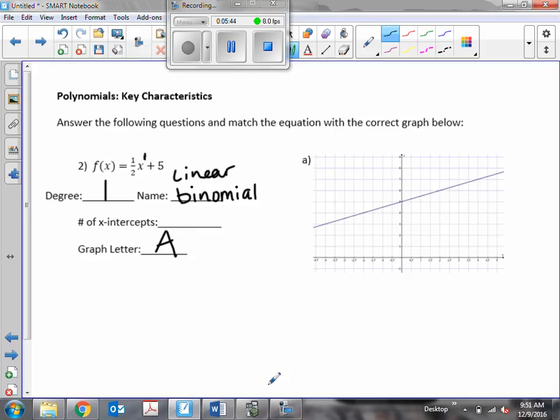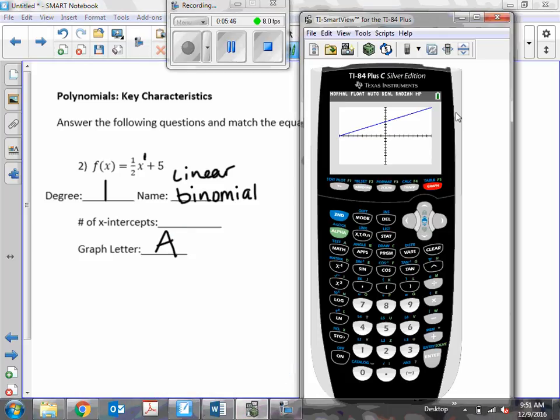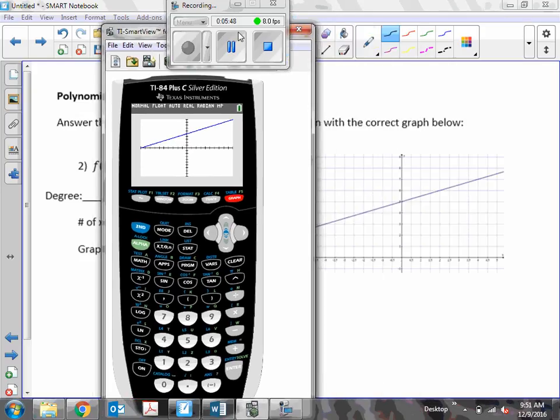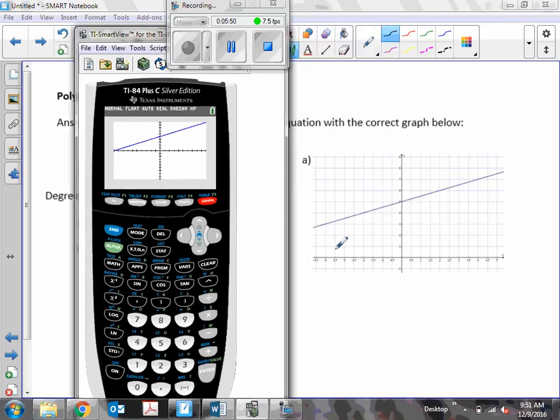Now we count the number of intercepts. Now this is where you have to be careful. Even though letter A matches it, see how letter A isn't really a big window? But see how if I look at my calculator, it is a big window? It will eventually touch the x-axis right down here.